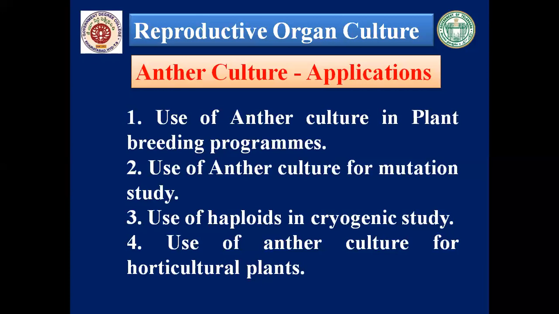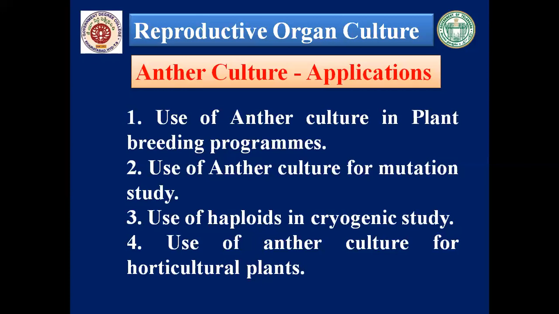Another one is anther culture and the alkaloid content, that is biochemical. Homozygous plants obtained through the anther culture technique have also been employed for the selection of breeding lines of Nicotiana tabacum with high alkaloid content. Homozygous recombinants of Hyoscyamus niger having high alkaloid content are also obtained by anther culture.